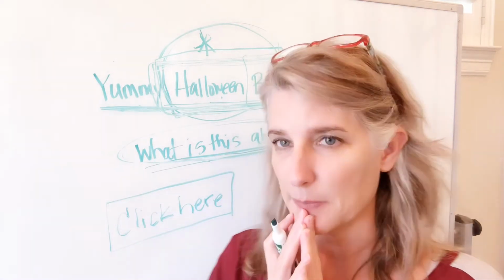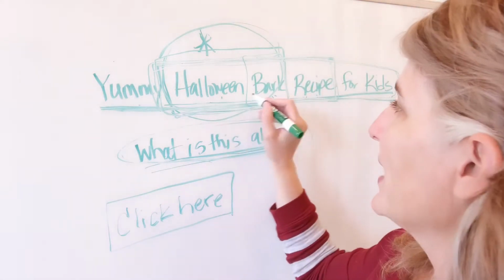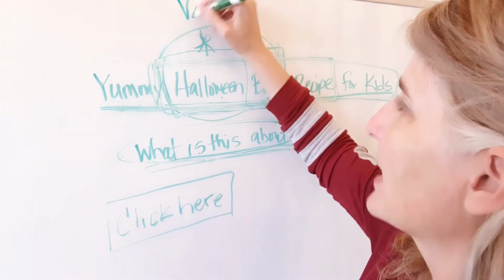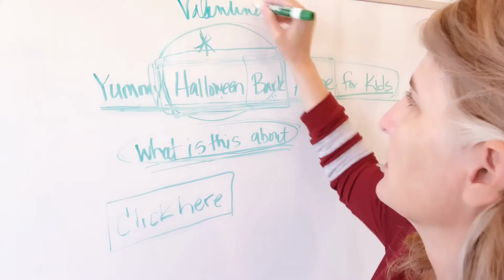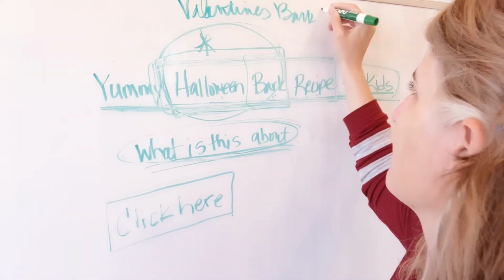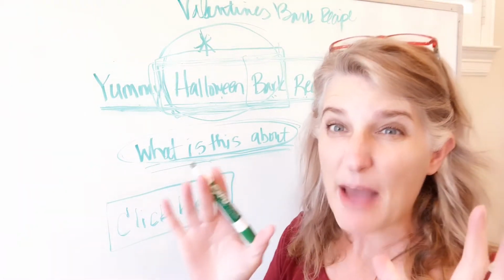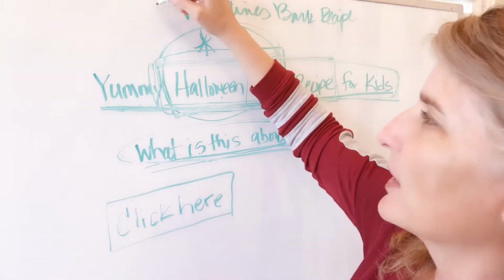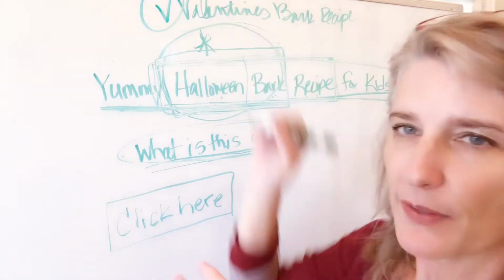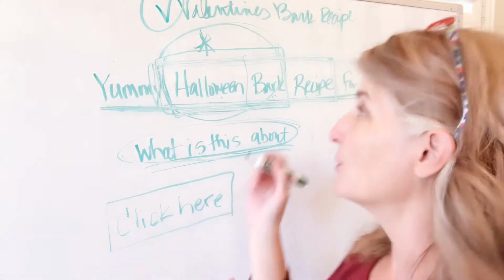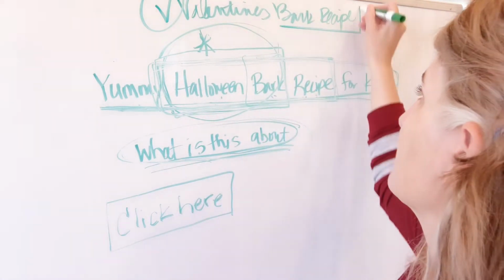Okay, what does that mean? So let's say we had a Valentine's bark recipe, and that post was super popular. It was shared all over the place, and it's on the front page of Google for bark recipe.